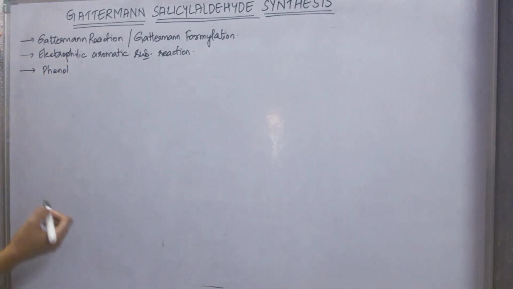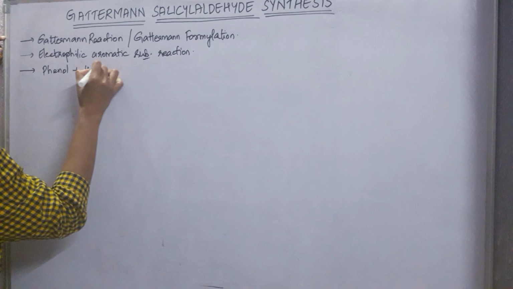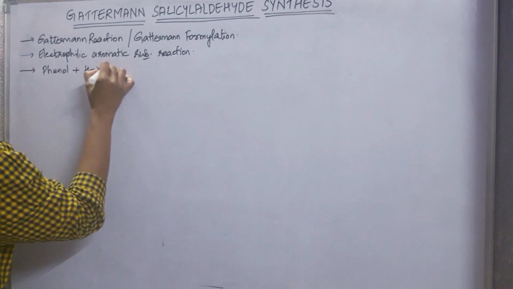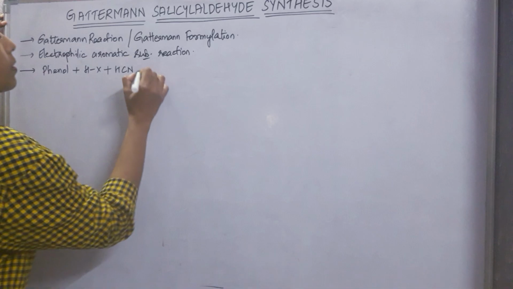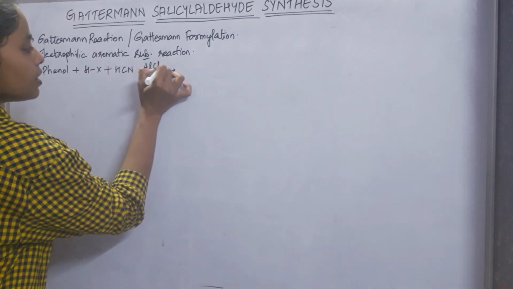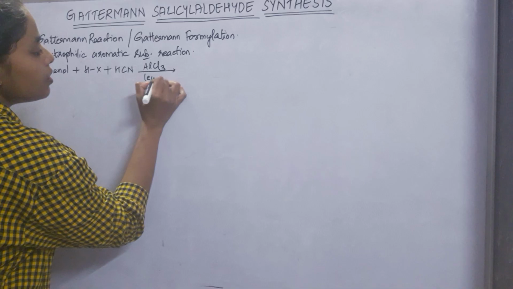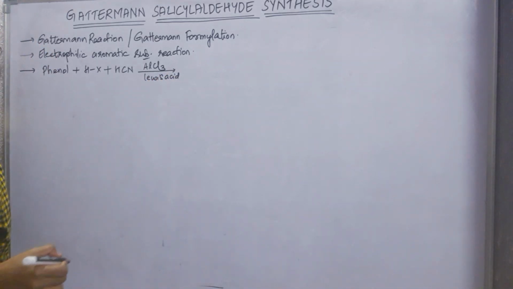So now this phenol will react with HX, which is a halide, and hydrogen cyanide, HCN, in the presence of a Lewis acid AlCl3, to give us imine.